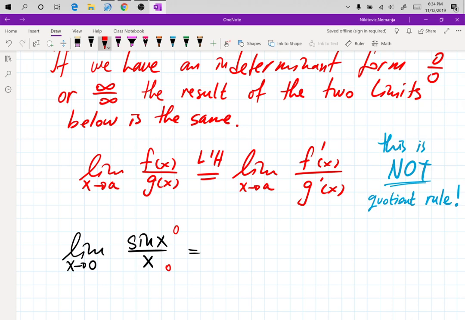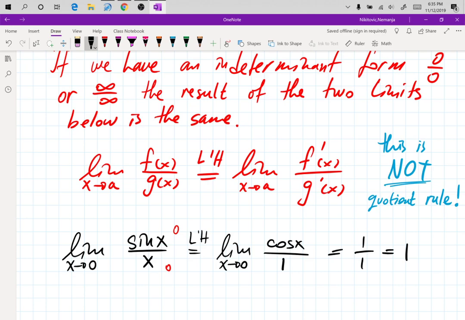If that is the case, and in this case it is, you can take independent derivatives, so L apostrophe H. Copy the limit as x goes to 0, and now take independent derivatives. The derivative of sine is cosine, and the derivative of x is 1. When you plug in 0 now, you will get 1 over 1, which is 1, and there is your answer that the limit of sine x over x is equal to 1.